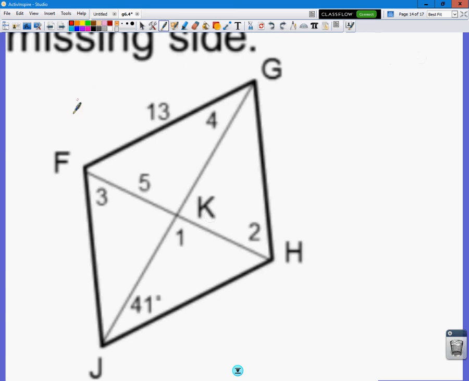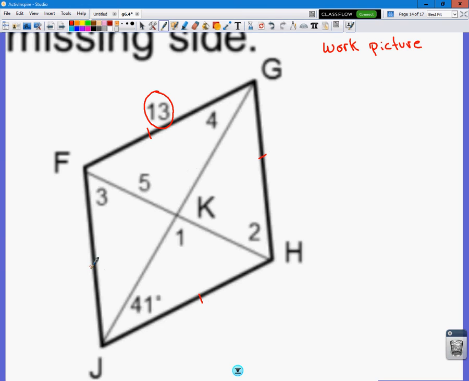When you get a picture like this, where they're asking for obviously more than one thing, I like to work the picture before I start answering the questions. If this is 13 here on the outside and they told me that this is a rhombus, how big are all the sides? 13.